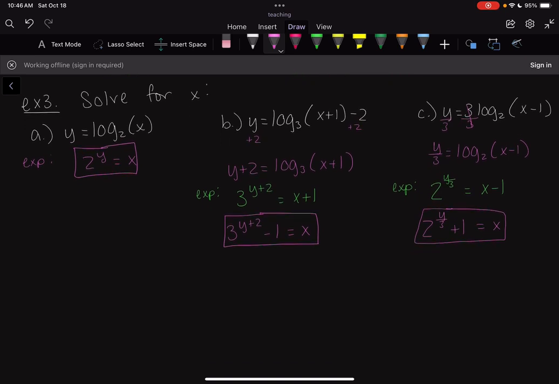So something that I like to do when trying to graph logs, I like to turn them into an exponential. That way it's just like graphing an exponential instead of having to think about the log as much. I'll explain what I mean in a second when I write this next example.